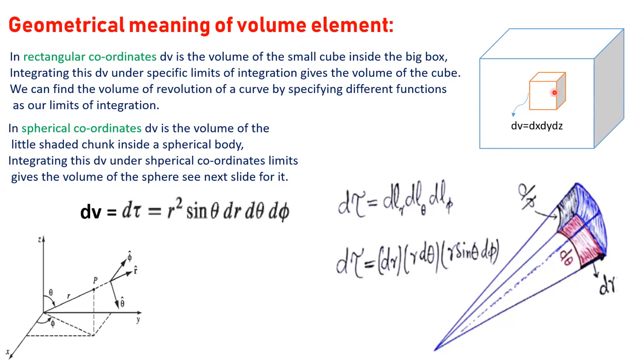For this purpose, consider a very small box of volume dV inside this bigger box. If this is the x direction, this is the y direction, and that's, let's say, the z direction, and this length is dx, this length is dz, and this vertical length is dy, then the volume of this little box is given by dV, and this dV is what we call the volume element.